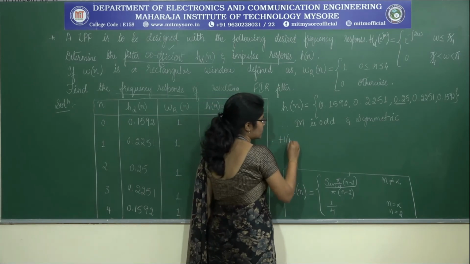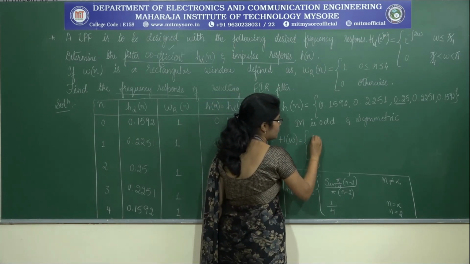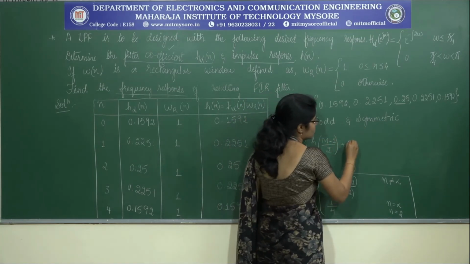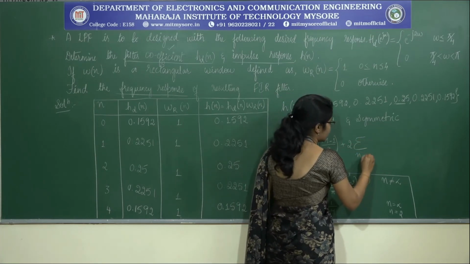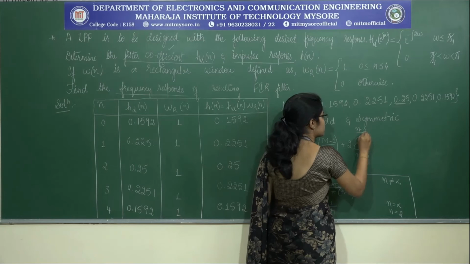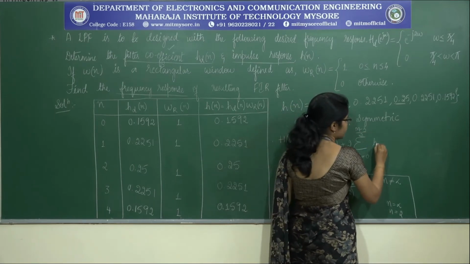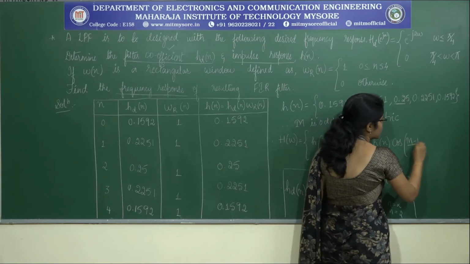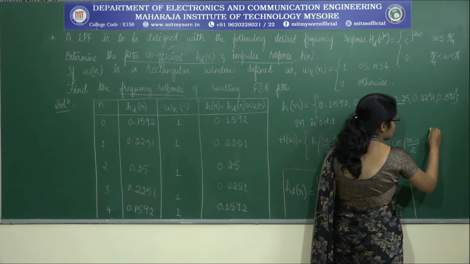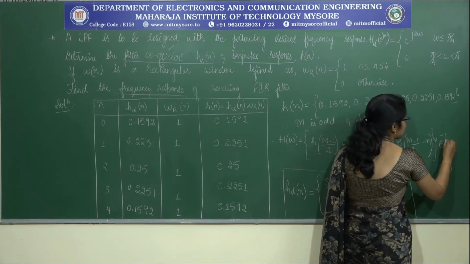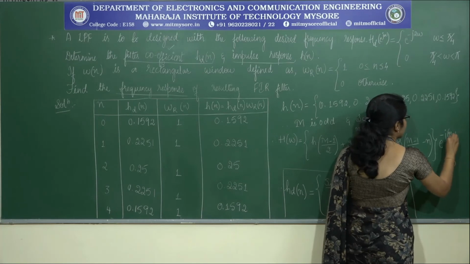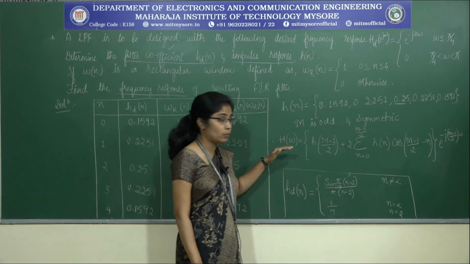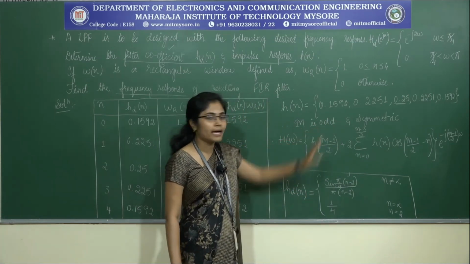The equation for h of omega will be equal to h of (m minus 1) by 2 plus 2 into summation n ranges from 0 to (m minus 3) by 2 of h of n into cos of ((m minus 1) by 2 minus n) omega, into e power minus j (m minus 1) by 2 omega. So this is the standard equation when the value of m is odd and symmetric.